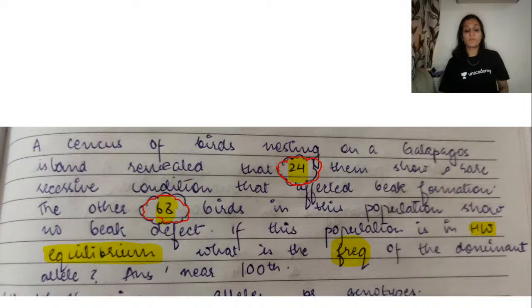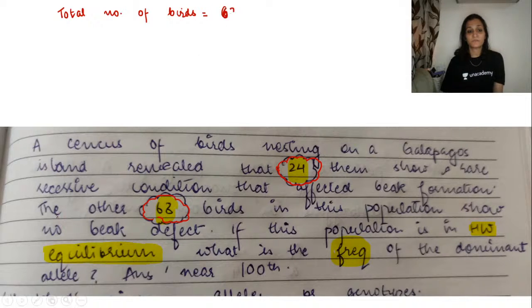So the total number of birds, if they are saying that it revealed that 24 of them and the other 63 were completely all right. So the total number of birds, how many were there? 24 plus 63, that is, the total number of birds is 87.